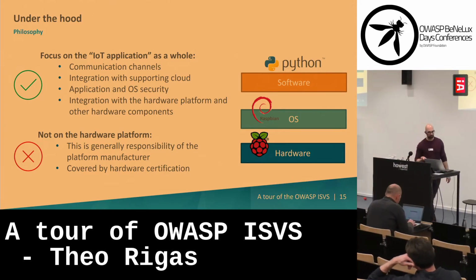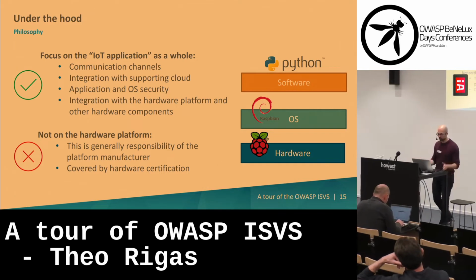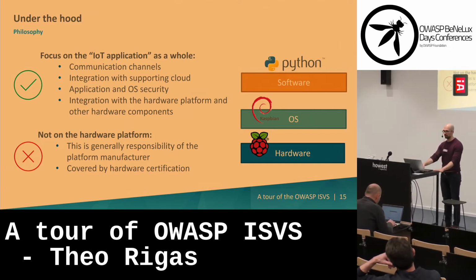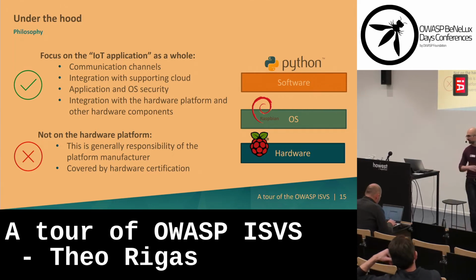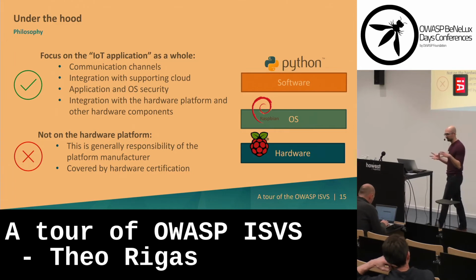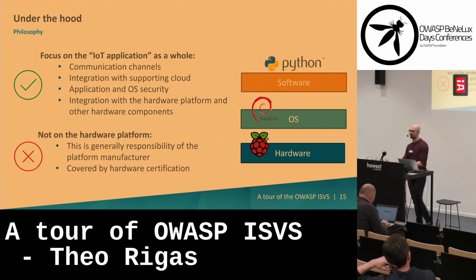And that's the hardware. So we don't consider that generally it's the responsibility of the developer to verify the security of the hardware itself. That's generally the responsibility of the manufacturer, and it's generally something that's covered by hardware certification.